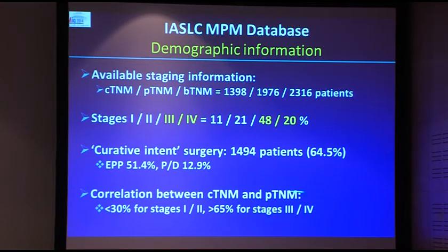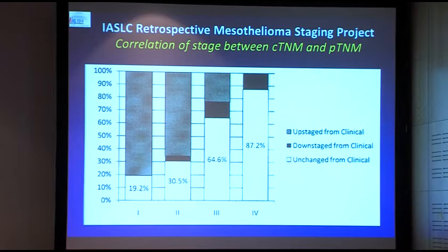A correlation was looked for between clinical TNM and pathologic TNM. And if you see here, I don't want to take out your retina there, Hassan, so just lean back as you are doing, quite right. 65% were in stages 3 and 4, and fewer than 30% stages 1 and 2.